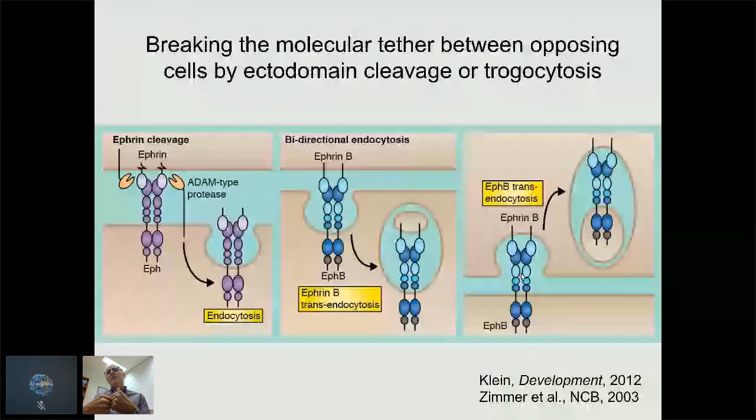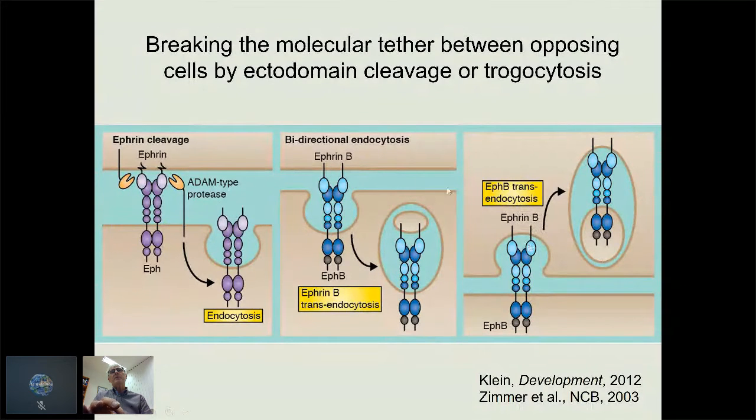And if you block this process, then the cells are much more sticky, and they could not get away so quickly. This seems to be a common process observed for the ephrin-Bs, for the transmembrane ephrin-Bs.